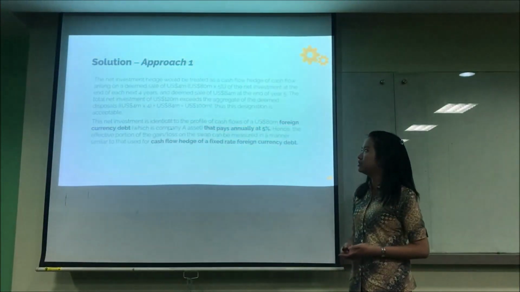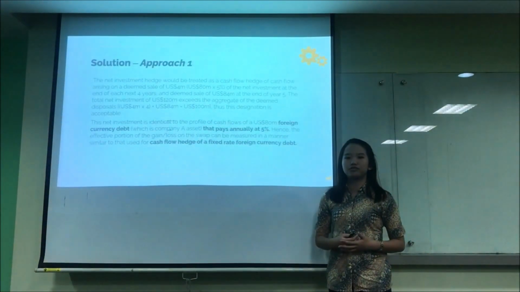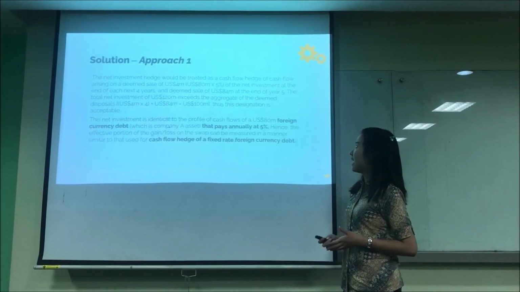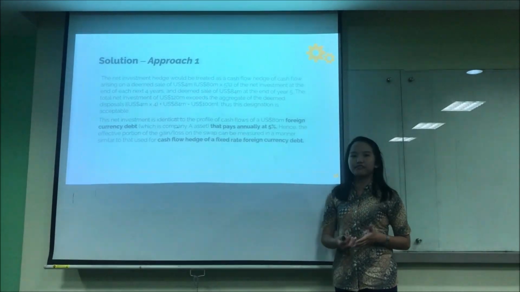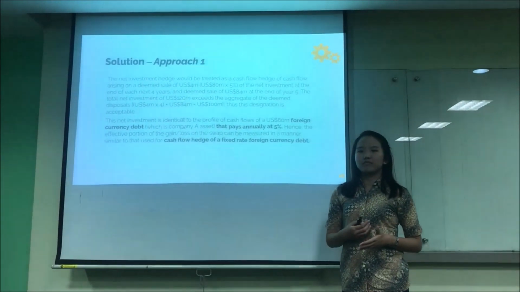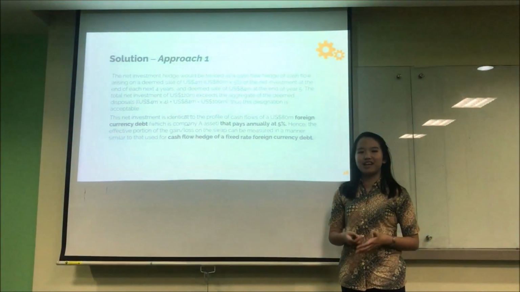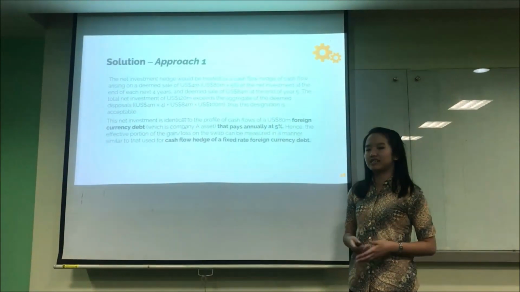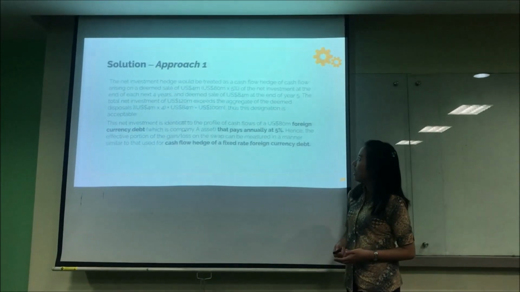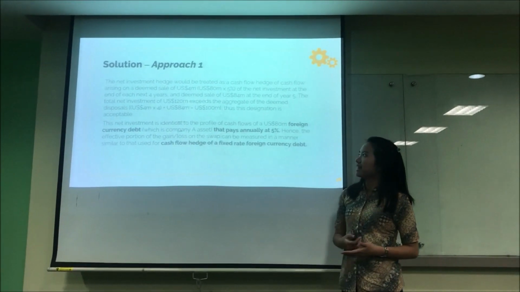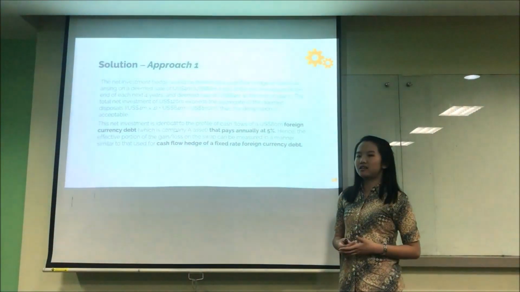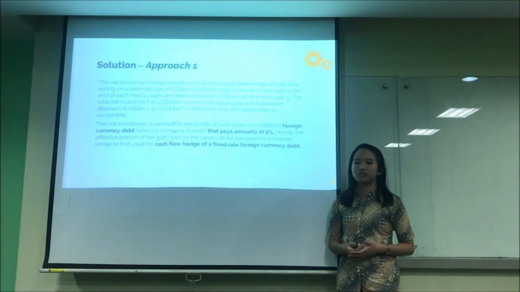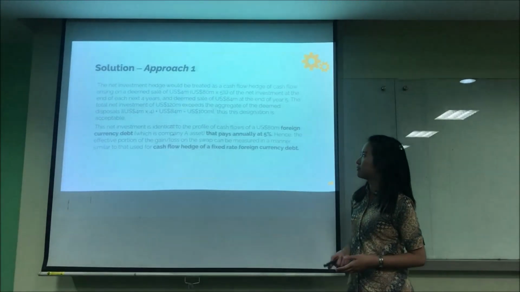So now, for the solution with the first approach, the net investment hedge will be treated as the cash flow arising from a deemed sale of US$4 million of the net investment at the end of each of the next 4 years. And the total net investment of US$120 million exceeds the aggregate of the deemed disposals, which amounts to 100 million.